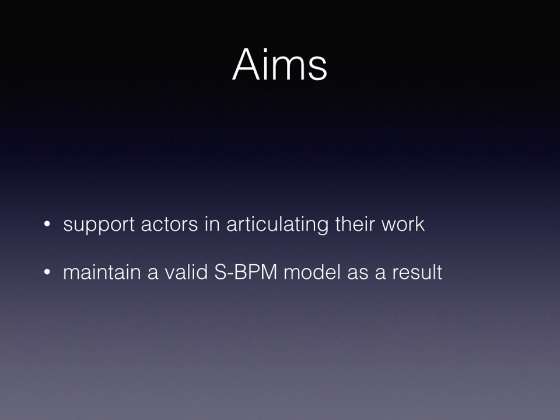So we somehow have conflicting requirements. On the one hand, creating a formally, syntactically correct process model. On the other hand, not constraining actors in articulating their perceptions of work.